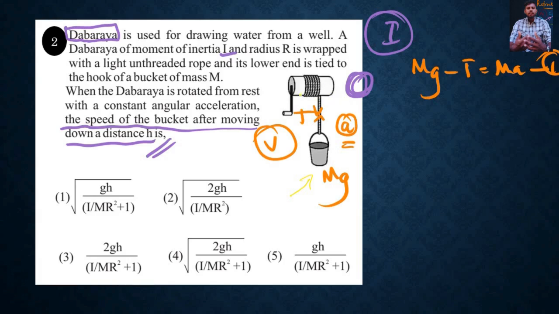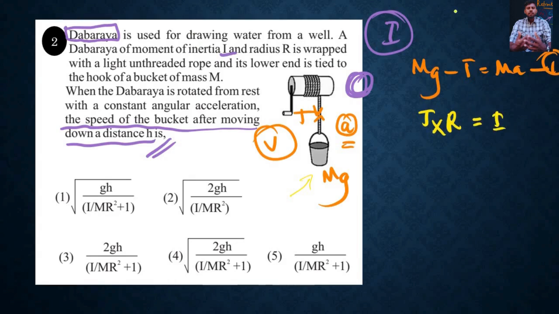Now the second equation, for the motion of the pulley or the dabare, the cylinder here. The tension T times R is the torque, equals I alpha.